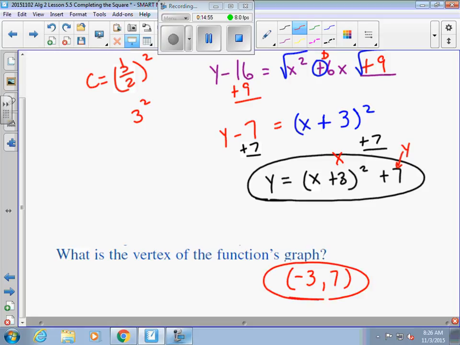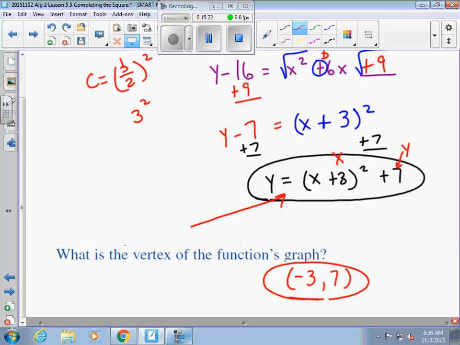So here's another question. Is this vertex the bottom of this graph or the top of it? Got to think about that one for a second. Is it the minimum or the maximum? Which way is the graph opening, up or down? This is vertex form.